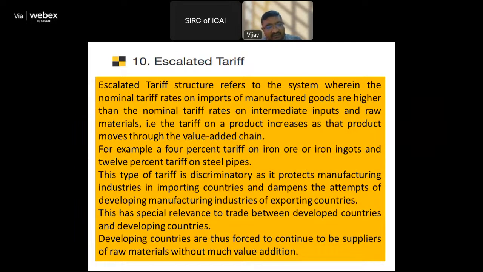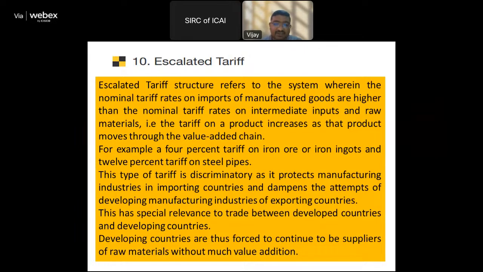So escalated tariff, sir, for raw material imports, the rate will be 5%. But when you export that as finished goods, there will be a value addition.